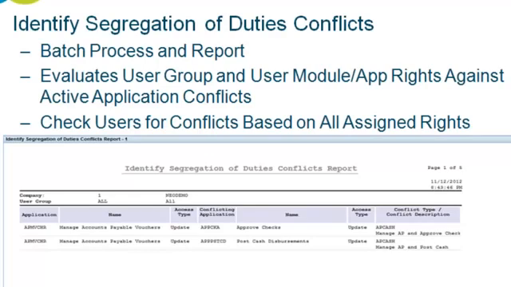It checks all users. So on this report, you can see that there is a conflict between managed AP vouchers and approved checks and managed AP vouchers and post-cash disbursements in the user group All. Okay. So the All user group has access to both of these things, which are in conflict with your segregation of duties rules.